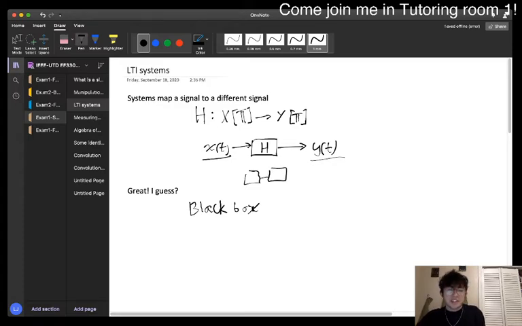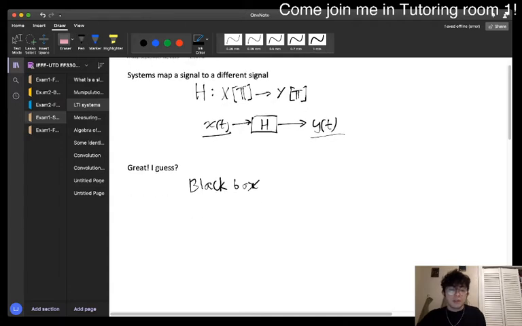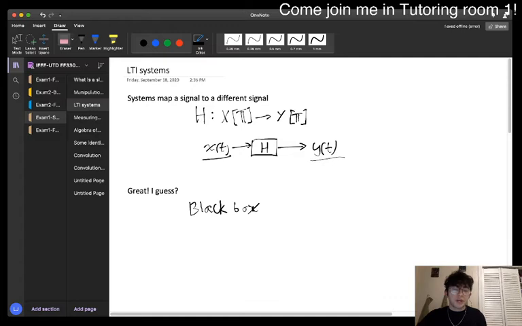Yeah, so that's all I wanted to say about just a general system. I think a lot of people get confused whenever we start talking about impulse responses and LTI. Like, what's the point of all of this? This is the point of it. We want to have things that change our signals in a way that is interpretable.